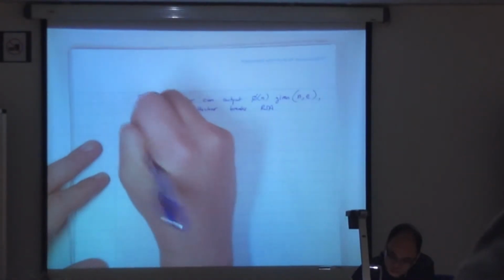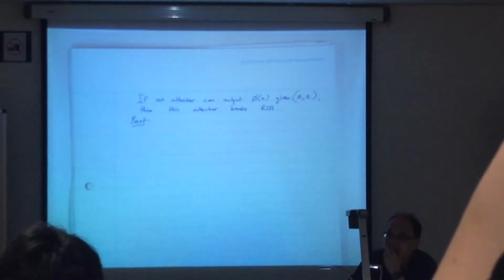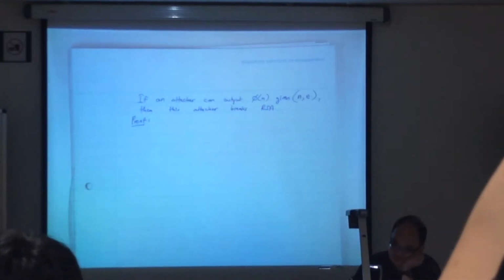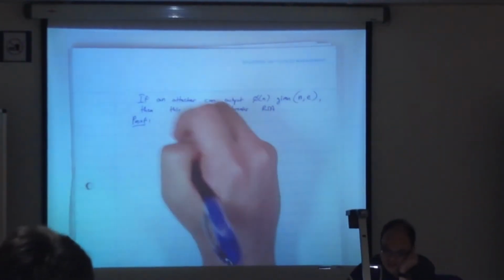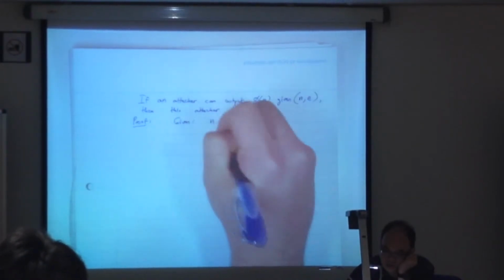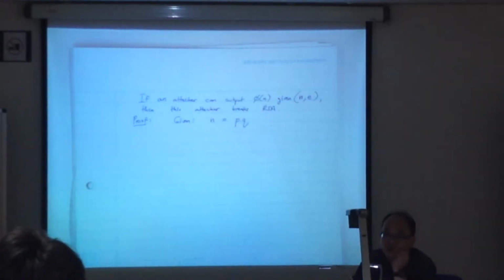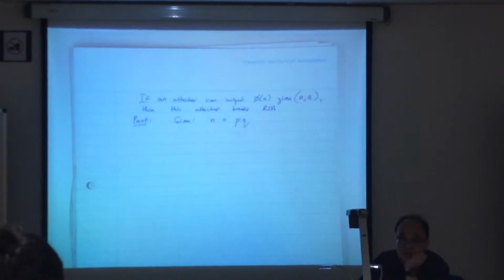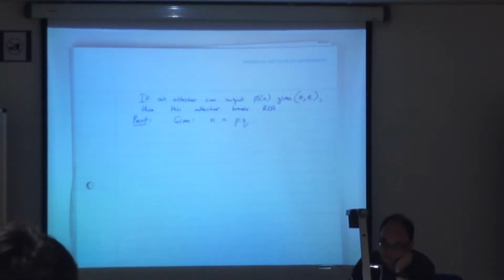This is the proof, which is a bit complicated. What happens is this. The one that's given is basically n, and we know n is p times q. Of course we don't know p and q, but we know n is p times q. Now suppose that given n, there is a person who can compute phi n.